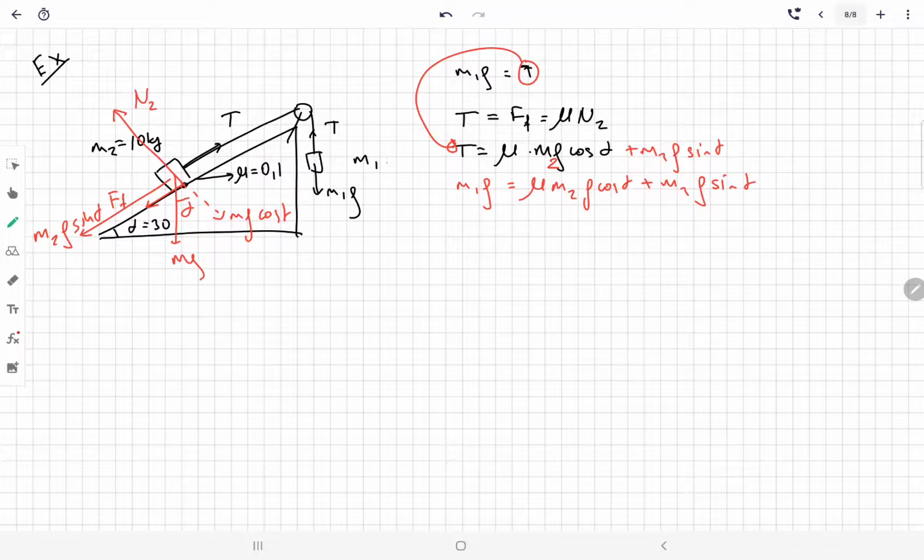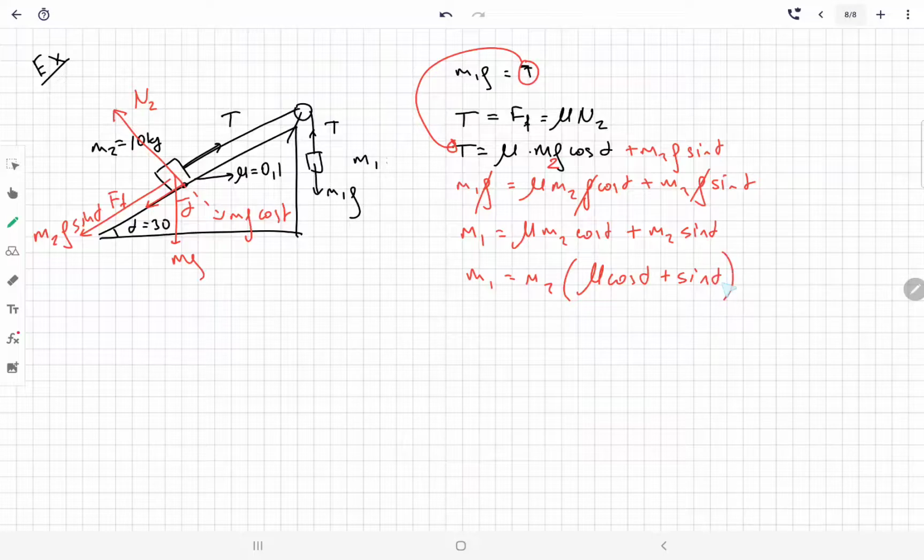Always try to apply free body diagram. So we can cancel gravity. So m1 equals mu m2 cosine alpha plus m2 sine alpha. Or we can take m2 out, so m2 times mu cosine alpha plus sine alpha. This is one possible answer.